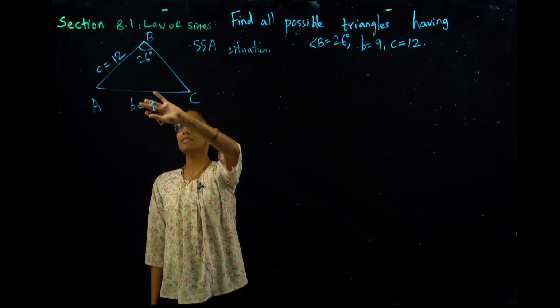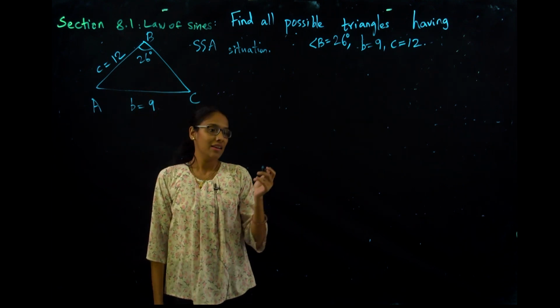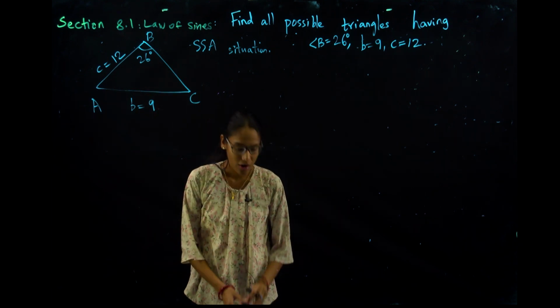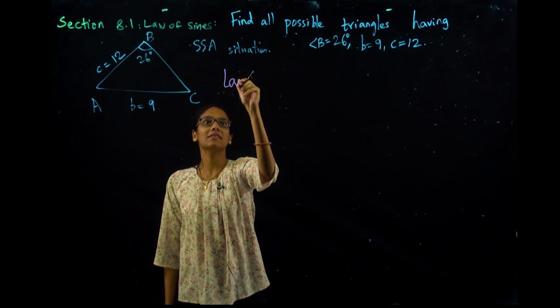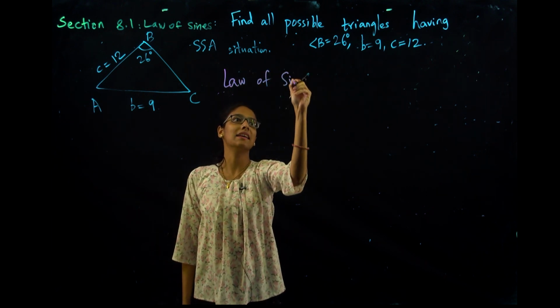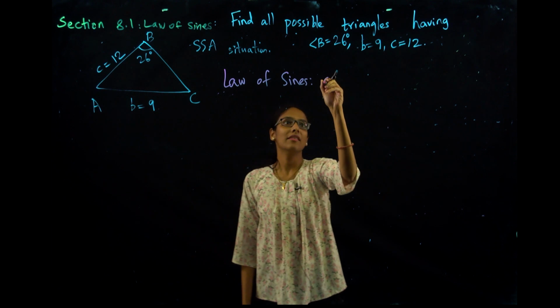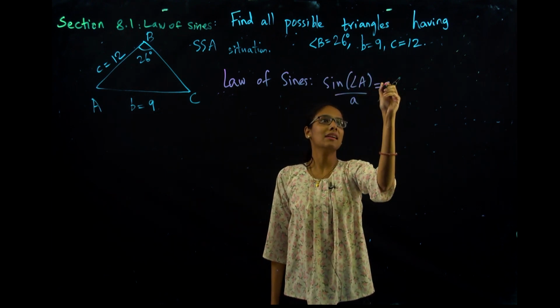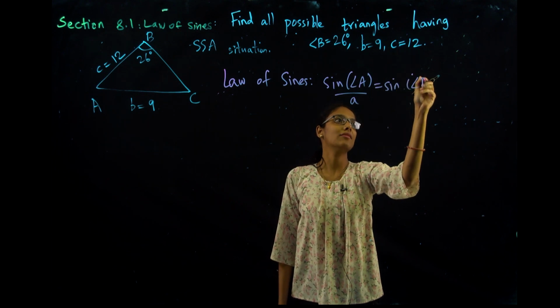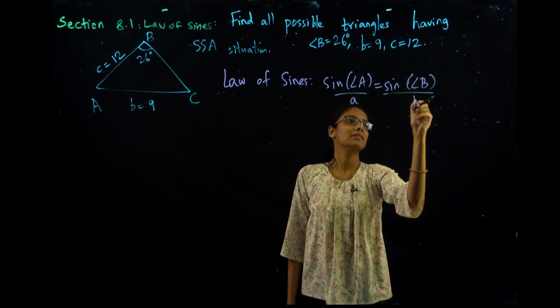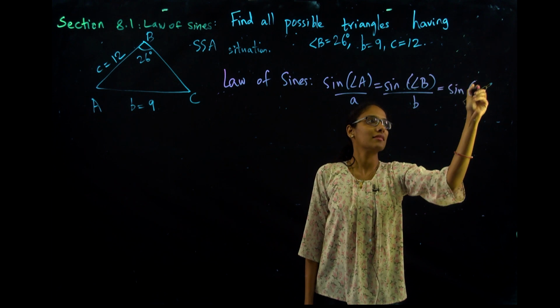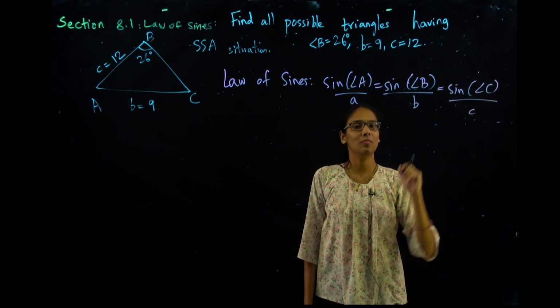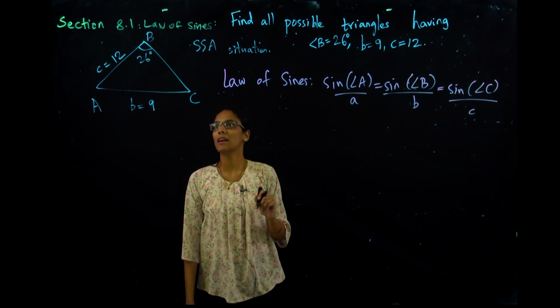Now, first thing we want to do is let's state what the law of sines looks like. So law of sines: sine of angle A by little a equals sine of angle B by little b equals sine of angle C by the side opposite to it.